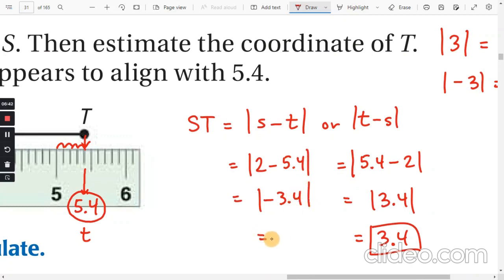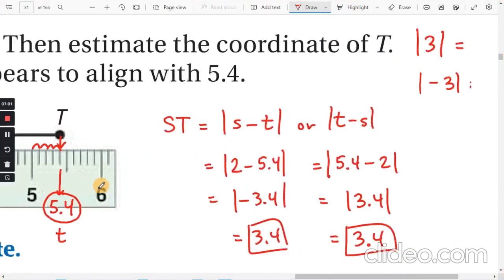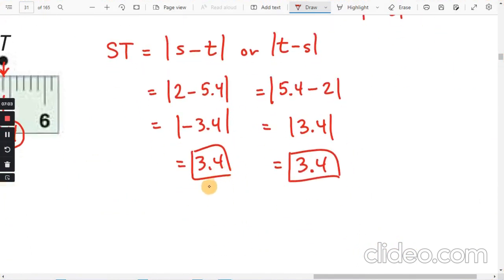But then once you took the absolute value, it's positive. Like I said, the order of subtraction doesn't matter when you use absolute value, so I would rather put the bigger number first. The units on the ruler were in centimeters, so if you wanted to include the units, we can just write 3.4 centimeters.